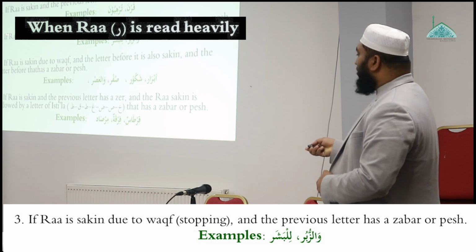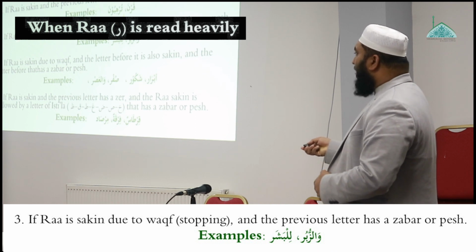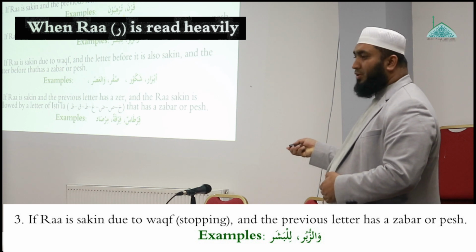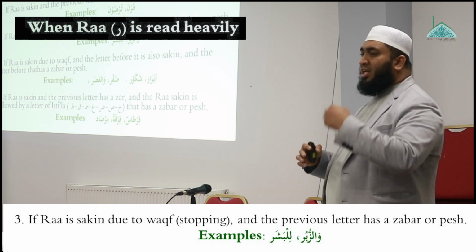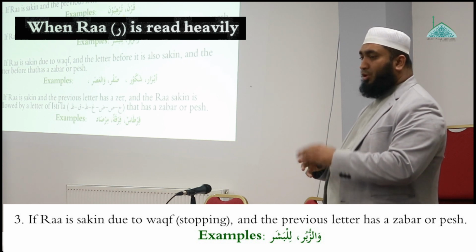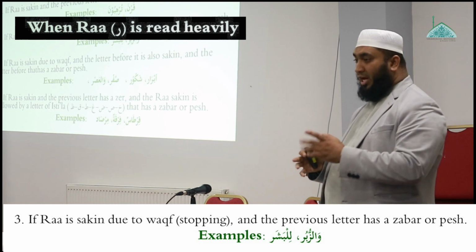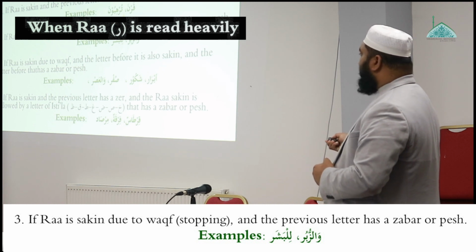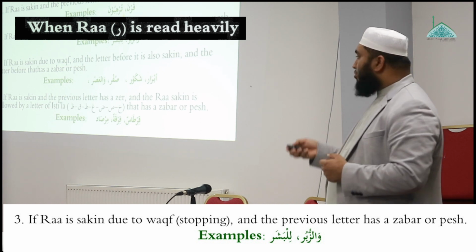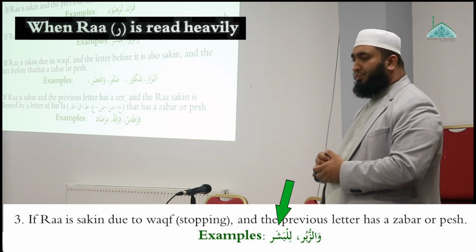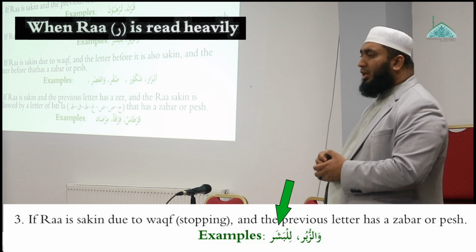Okay, rule number 3. If Ra is Sakin due to waqf, meaning stopping. So if Ra is the last letter and it wasn't Sakin before, but because of stopping it becomes Sakin, and the previous letter has a Zabar or Pesh, Ra will be poor. For example, we read Lil Bashar.